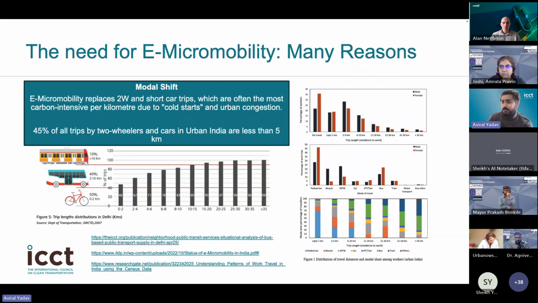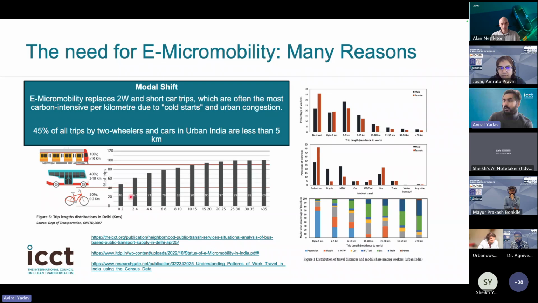And we can also see here, this was a study done in 2017 based on earlier data, which says that about 50% of the trips are between 0 and 2 kilometers, and they can be done by cycling.